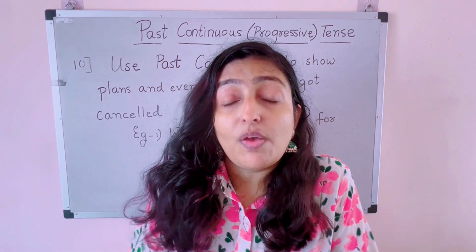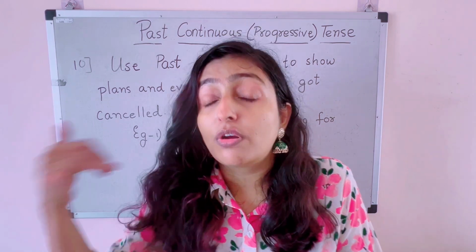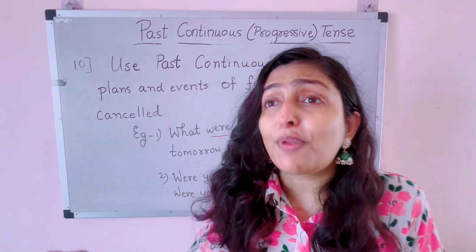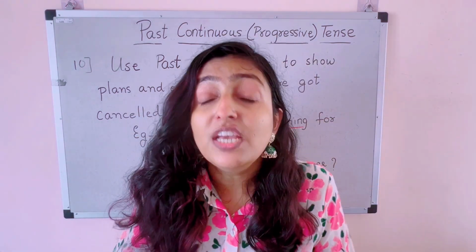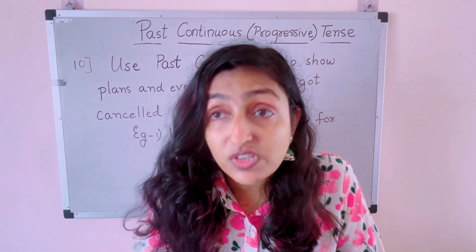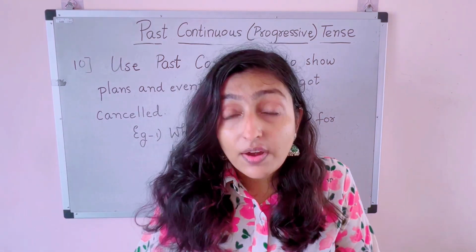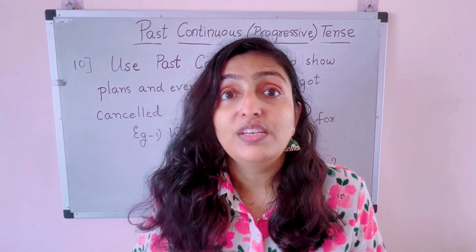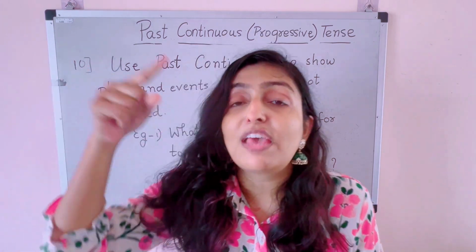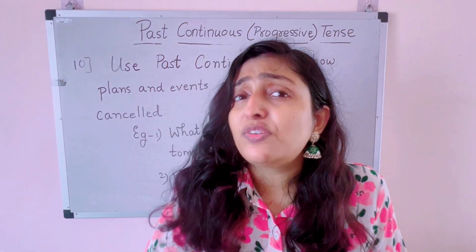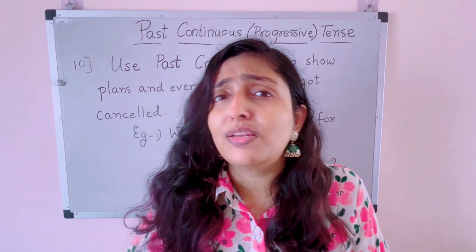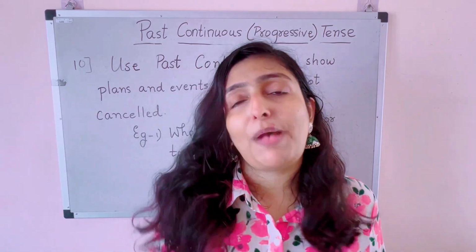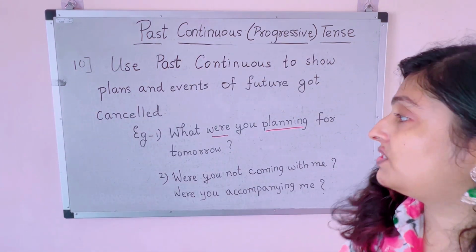Now, your friend or cousin calls you, hey, what were you planning for tomorrow? What were you planning to wear for tomorrow? Was it lehenga or was it a sari? So in such situations where the future events got cancelled, we use past continuous tense.